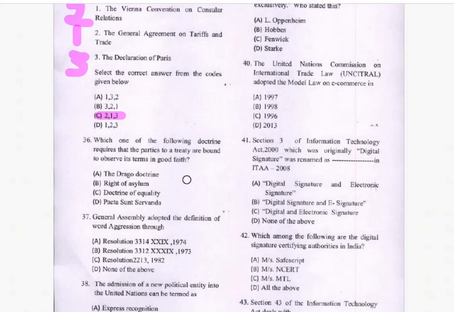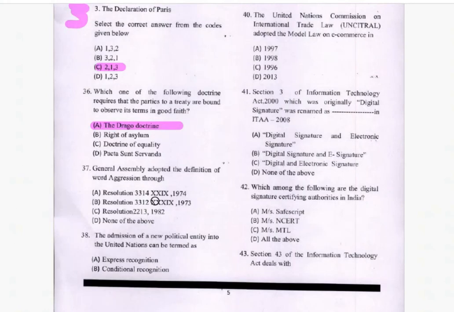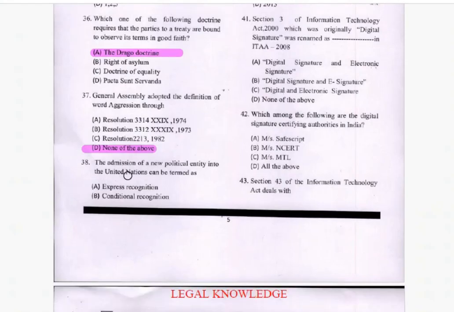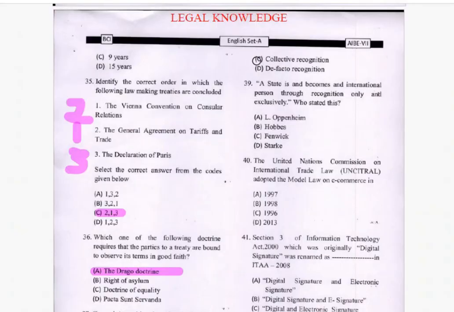Which one of the following doctrine requires that the parties to a treaty are bound to observe its terms in good faith? The Drago Doctrine. General Assembly adopted the definition of word aggression through none of the above. ये सारे resolution सही नहीं है. The admission of a new political entity into the United Nations can be termed as collective recognition.